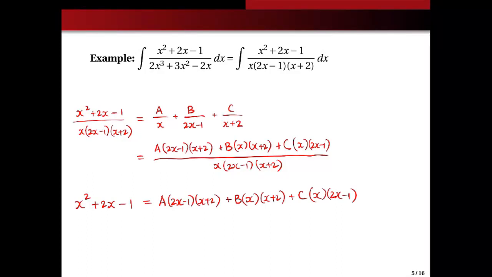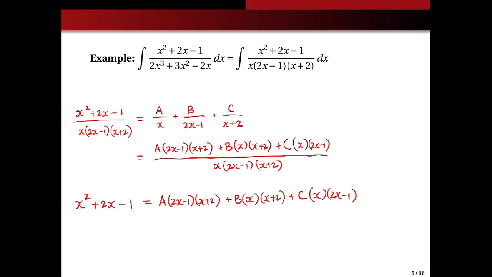Now, we choose the values for x properly so we can easily solve the values of A, B, and C. To do that, we will choose values for x that will eliminate A or B or both of them. So just try to observe.